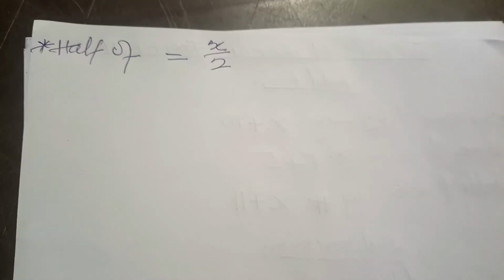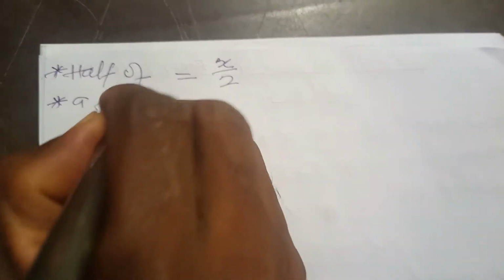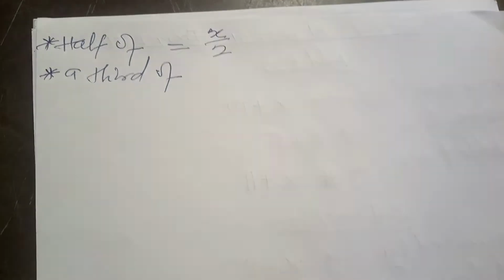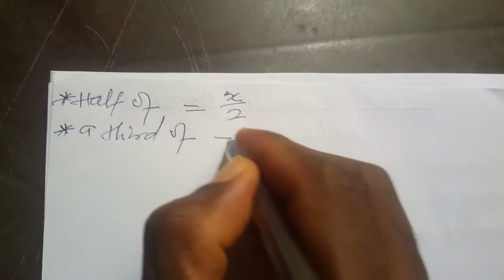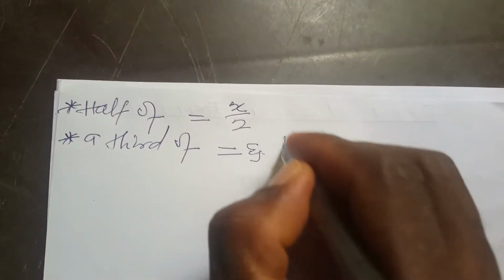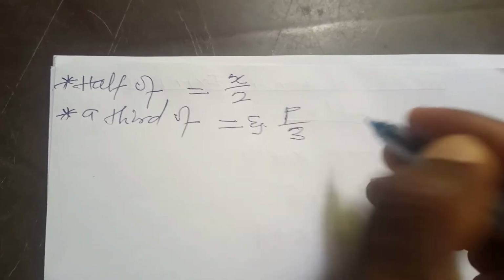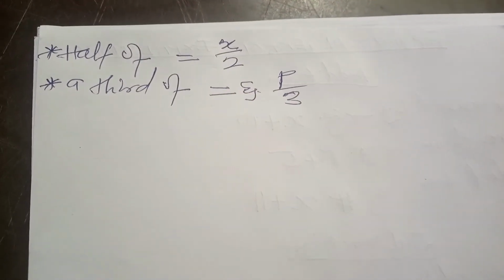Then we can also have another specific one as a third of. This means the number is divided by 3. So if the number is p, then it will be p over 3. That is a third of p.